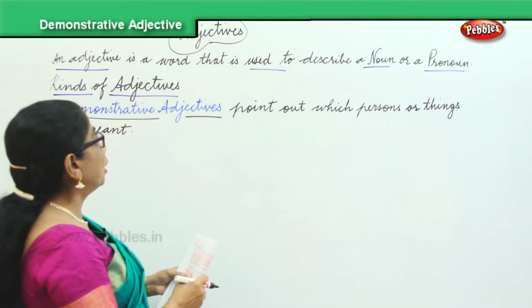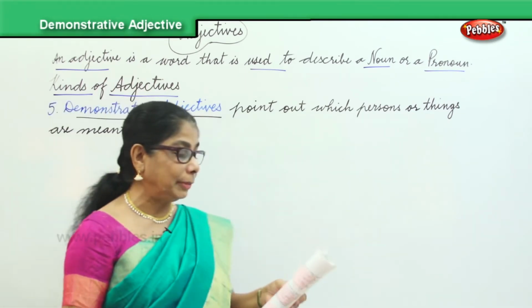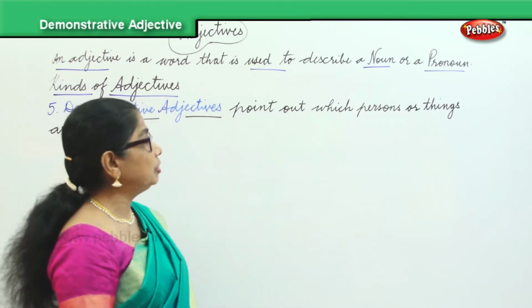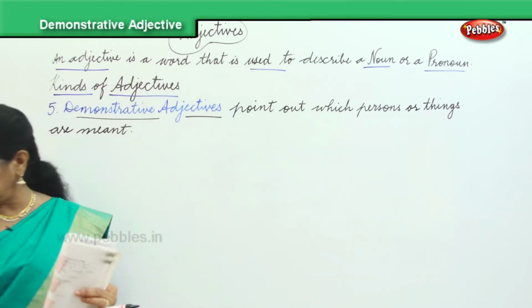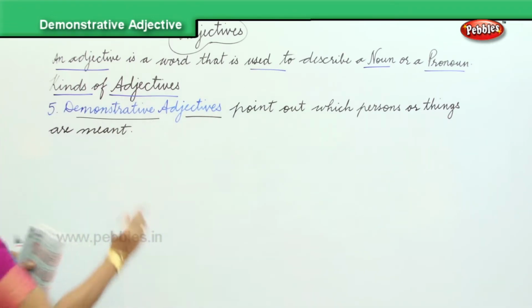Demonstrative means pointing out. So I have some examples for you. A demonstrative adjective points out which person or thing we are intending, we are talking about.